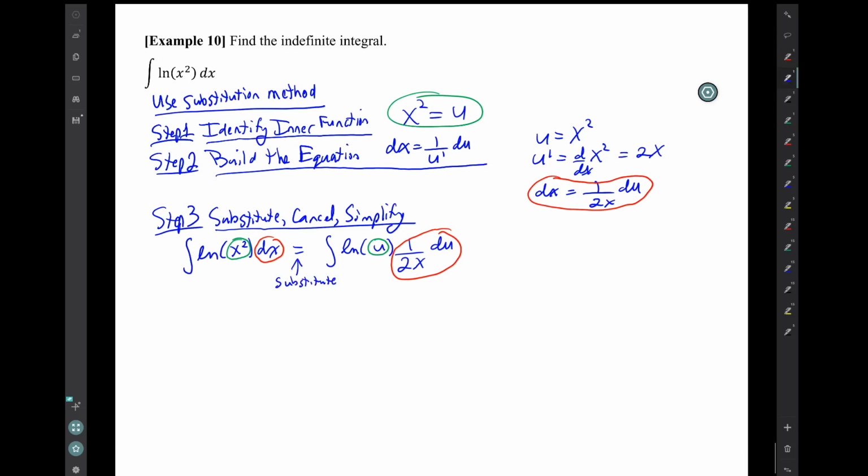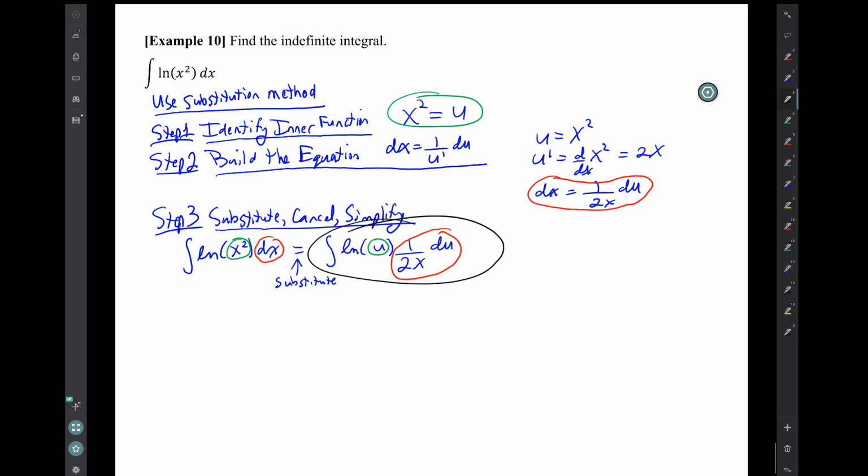There we've proceeded through the steps of the substitution method and then reached a puzzling spot. Because notice that at this point we have an integral symbol that has both u and x in it. Inside that integral symbol there is both a u and an x.